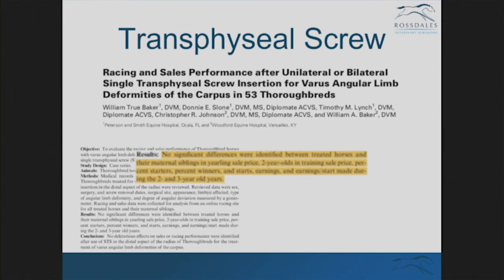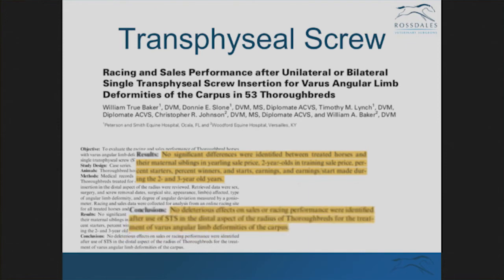And what they found was that those that had transphyseal screws placed were no different than their maternal siblings in any of those aspects. And so I think that's a real positive for the technique, showing that those foals with those deviations can, with help from a simple procedure, then match the same standards as their siblings without those deviations.